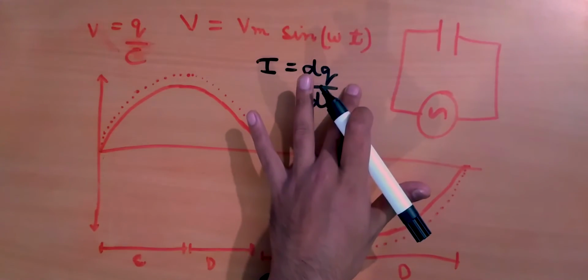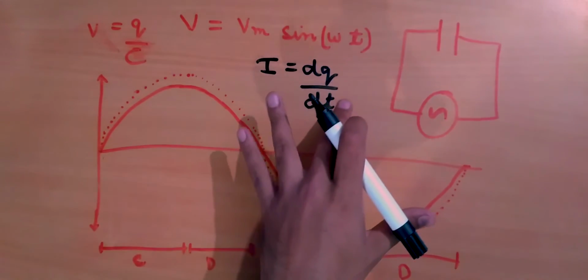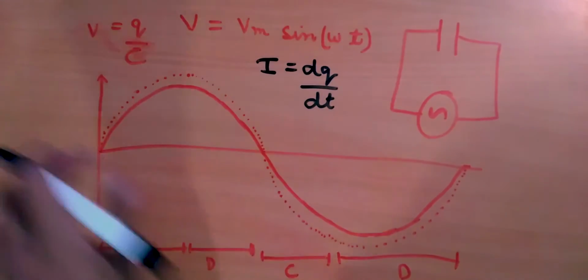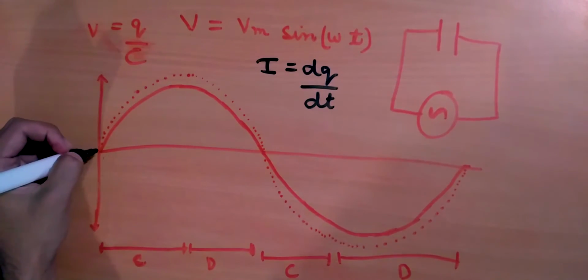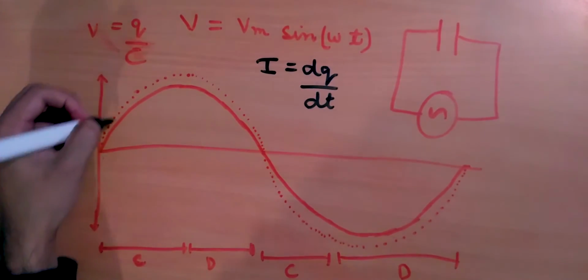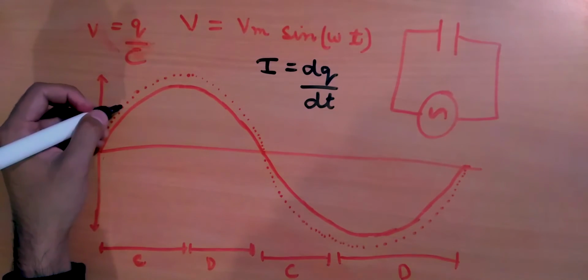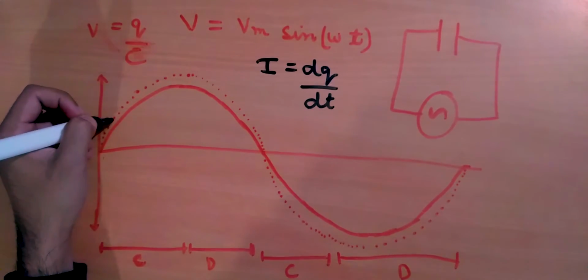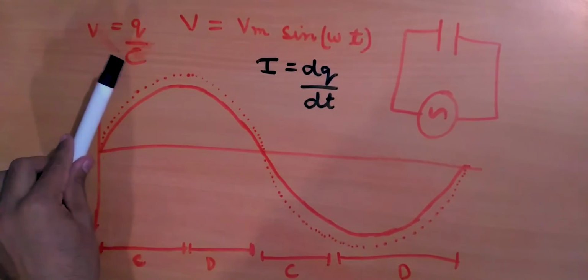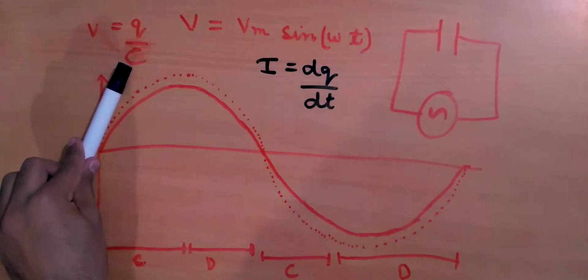So current must be nothing but the derivative of charge, or rather the slope of the charge curve, which is the dotted line here. So at this starting moment we see that the charge increases quite rapidly, and obviously it is increasing, so it has a positive slope. So the slope is this way, it is increasing, so it has a positive slope, and it has the maximum value right now.